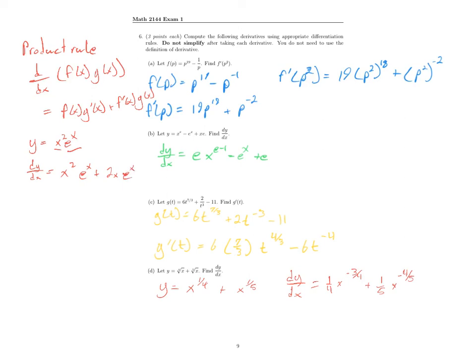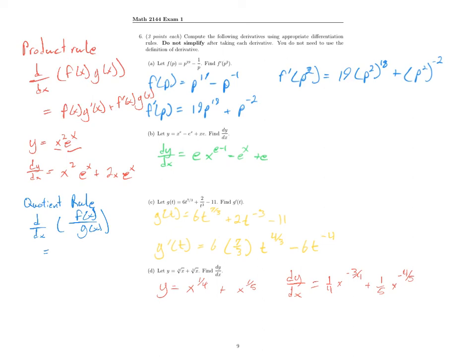And then for the quotient rule, that's whenever you're taking the derivative of something that has this form, where you could write it as f of x over g of x and taking the derivative of that.